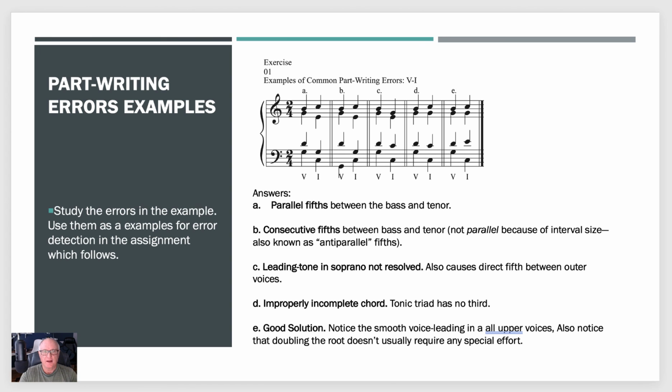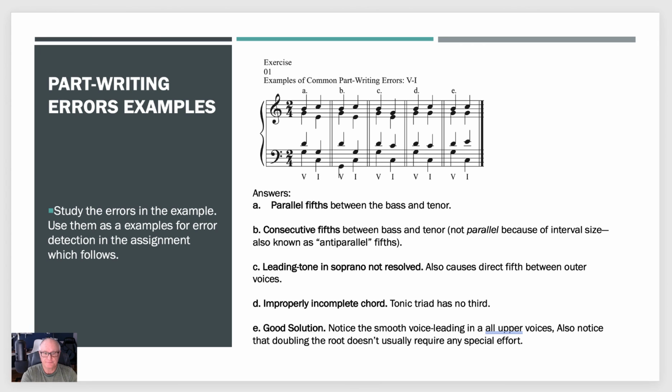D, improperly incomplete chord. Now what's really interesting here is this. There's no third. So you've got to have that third to make that happen. And then a good solution, notice the smooth voice leading in all upper voices. Also notice that the doubling the root doesn't usually require any special effort.